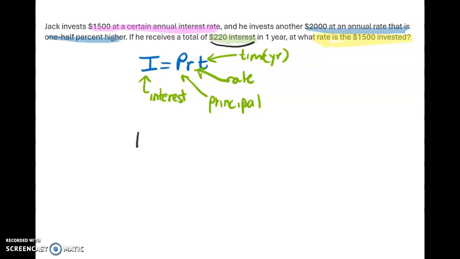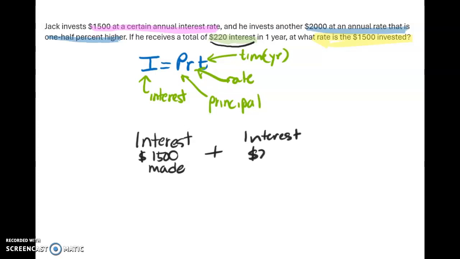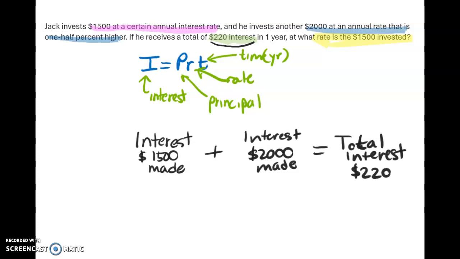So if you can calculate how much interest the $1,500 made, and you can calculate how much interest the $2,000 made, when you add them together, you're going to get the total interest for the year of the $220. And we're interested in specifically the rate that this one has.